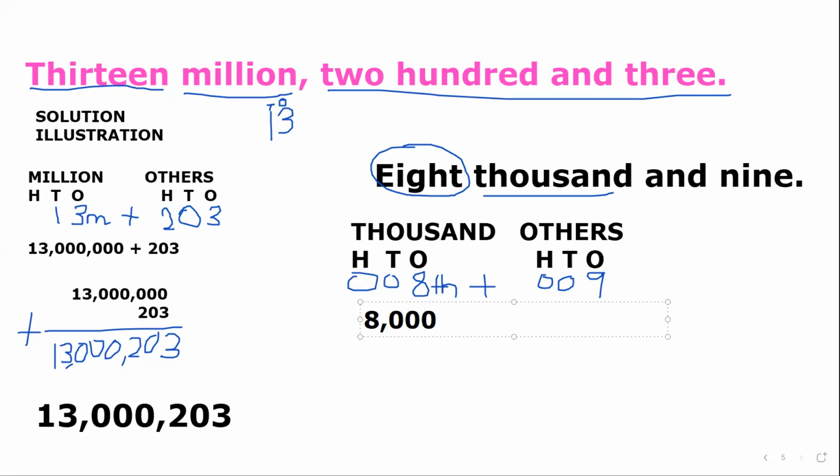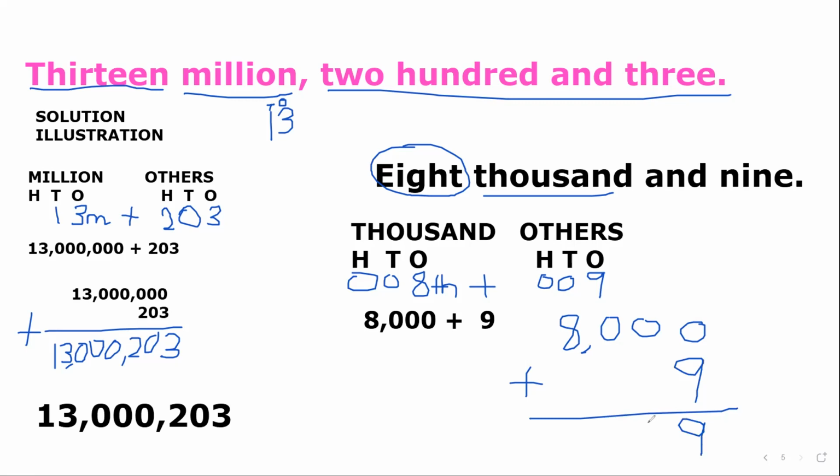The 1,000 possesses 3 zeros, plus 009, which is the same as 9. Okay. Then you put them together. Then you add them. You write your 8,000 plus 9. Okay. Then here will be 9, 0, 0, and then 8. Okay. That's 8,009. Okay. Good.